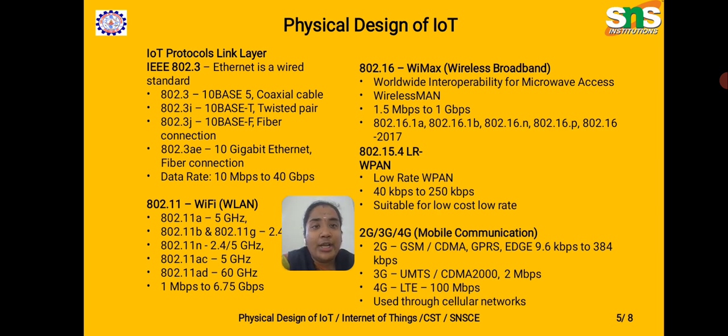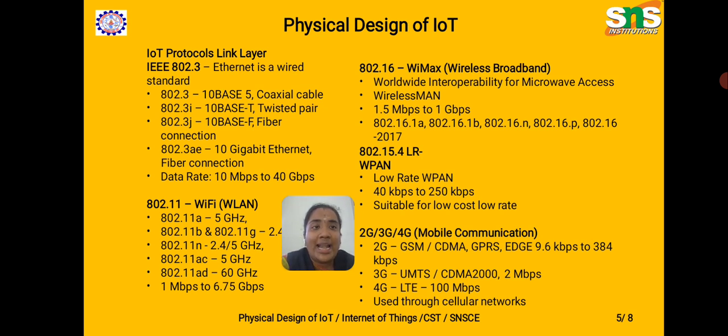In Wi-Fi LAN, 802.11a 5 GHz, 802.11b, 802.11n, 802.11ac 5 GHz, 1 Mbps to 6.75 Gbps. 802.16 is WiMAX, worldwide interoperability for microwave access, wireless WAN, 1.5 Mbps to 1 Gbps, 802.16a, 802.16e etc.